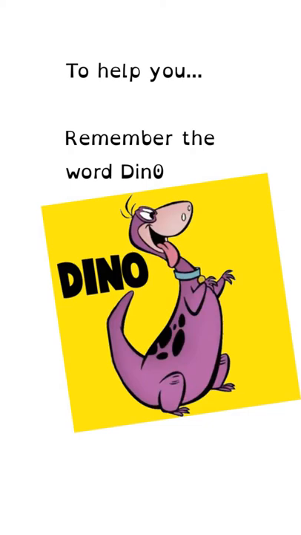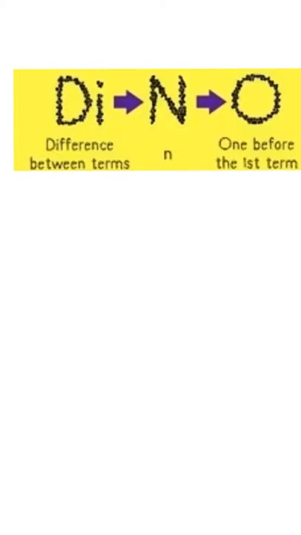To help you create the algebraic expression, I want you to remember the word dino. In dino, the DI is going to stand for difference between the terms. N is your n, your term number. And then the O stands for 1 before the first term, or we can also call it the zero term.